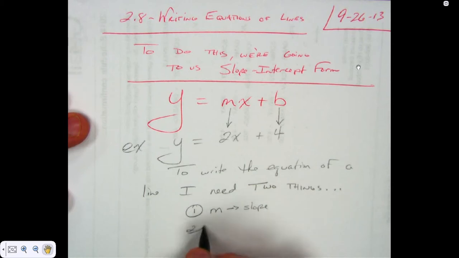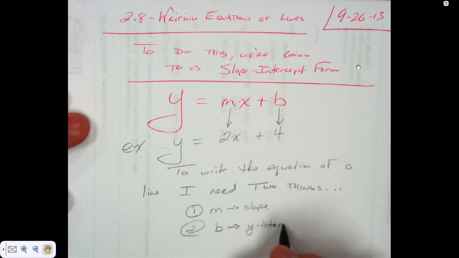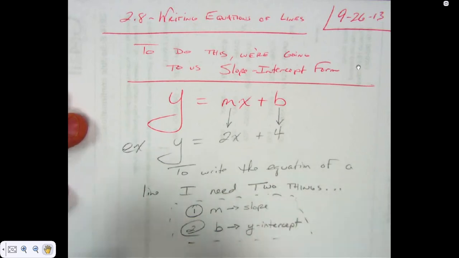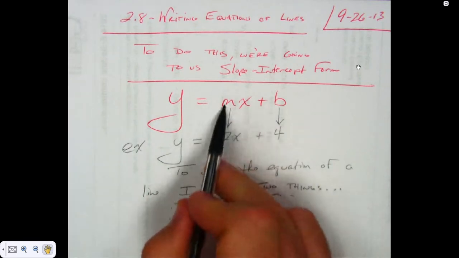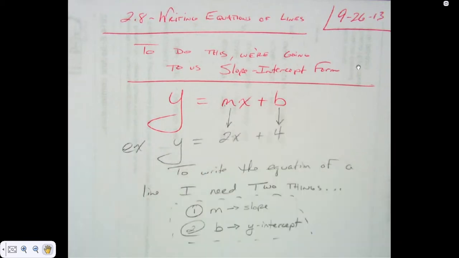What's the second thing I need? The b, which is our what? Those are the two things I need to write the equation of a line. If I know that, I can just plug it in there and there, can I? Everyone agree? Well, guess what? That's what we're going to do.